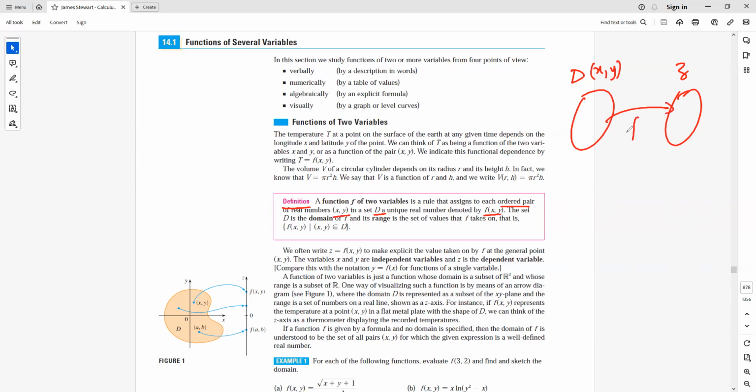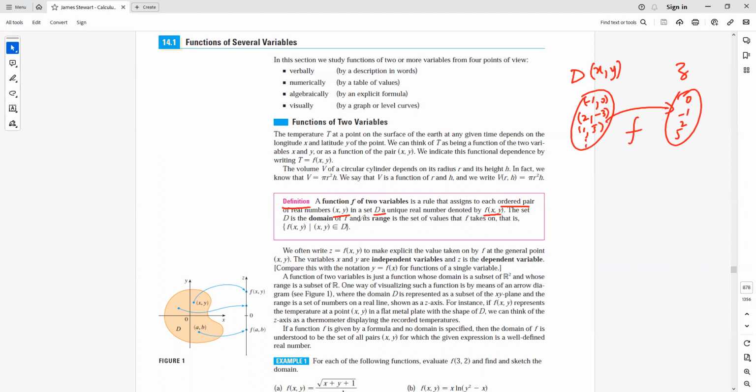For the function f of x comma y, the domain might be like this: negative 1 comma 0, 2 comma minus 3, 1 comma 5, and so on. And the range set will be, let's say, 0, negative 1, 2, 5, and so on, right? So we have a single element in the range set.